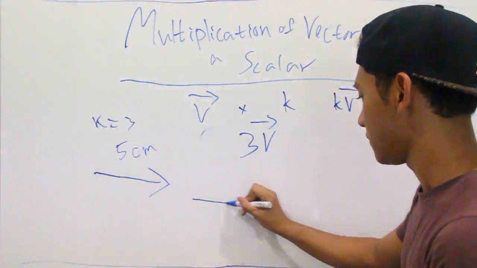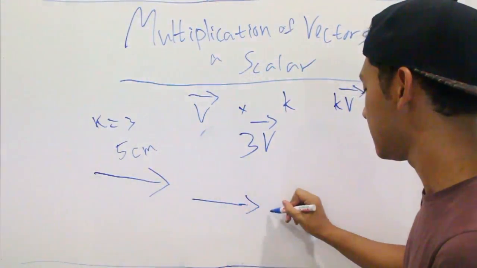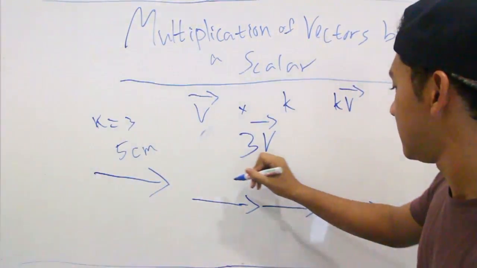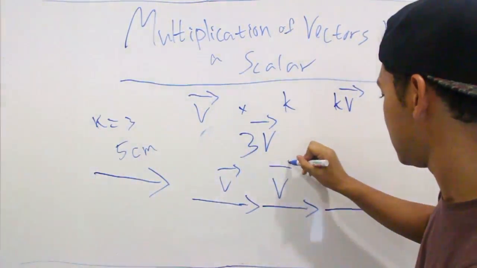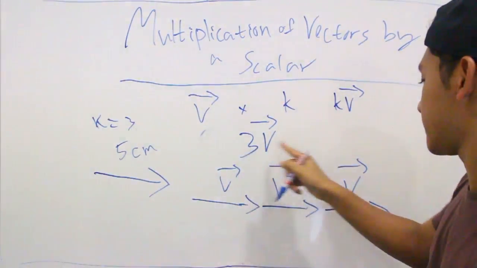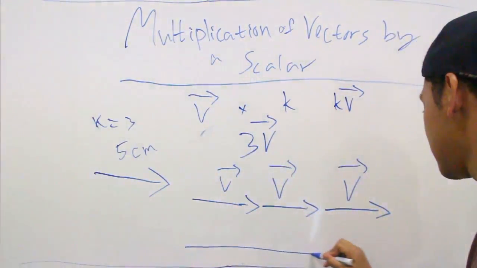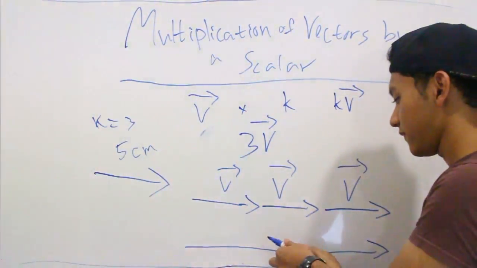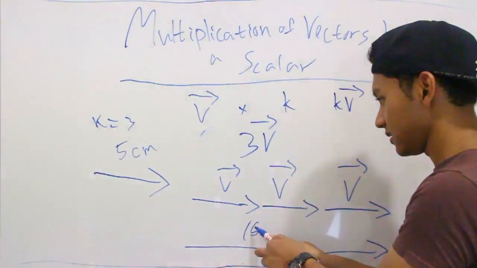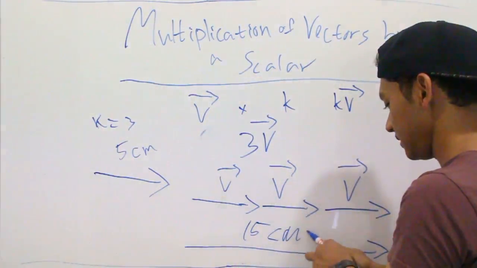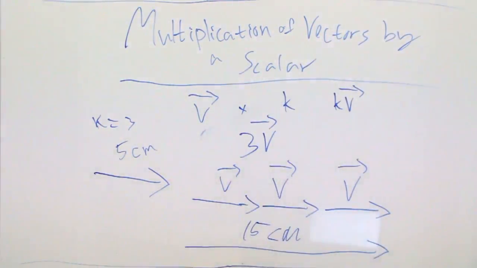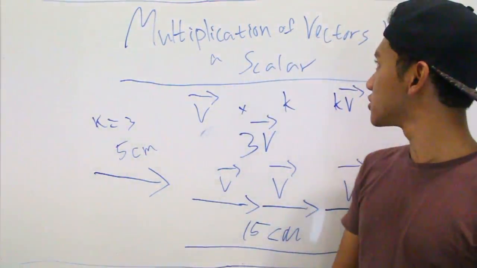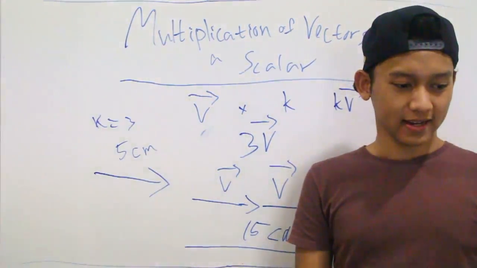So we will have a vector that is 15 centimeters long, which is one whole vector of 15 centimeters, depending on the unit. That is the multiplication of vectors by a scalar.